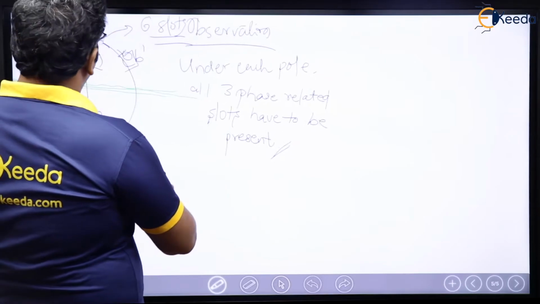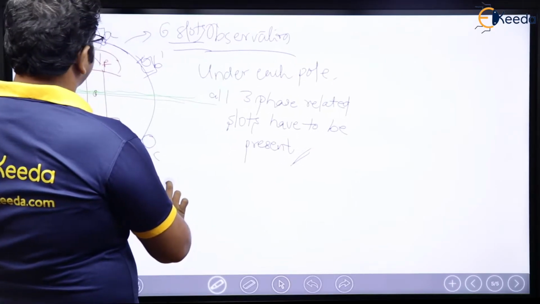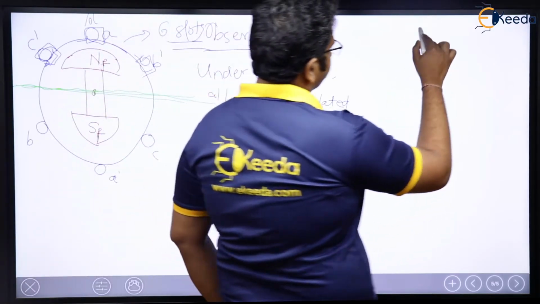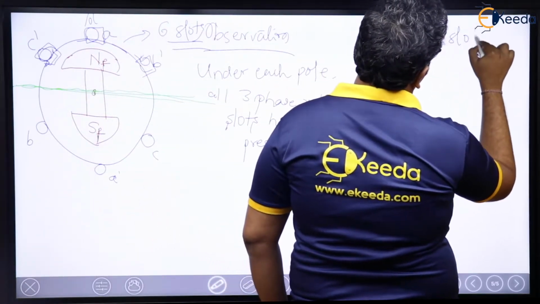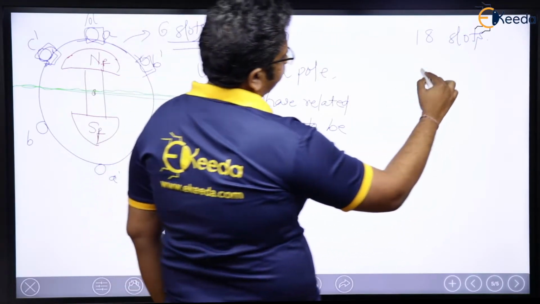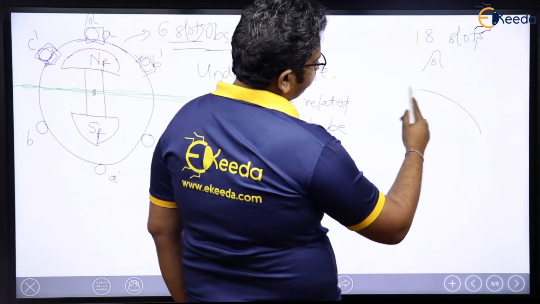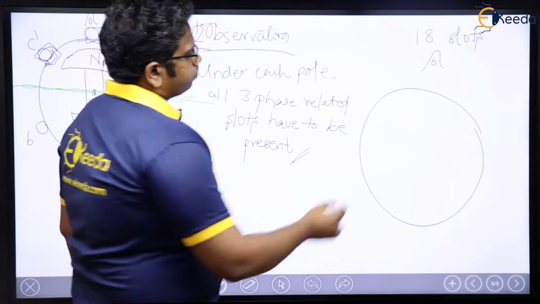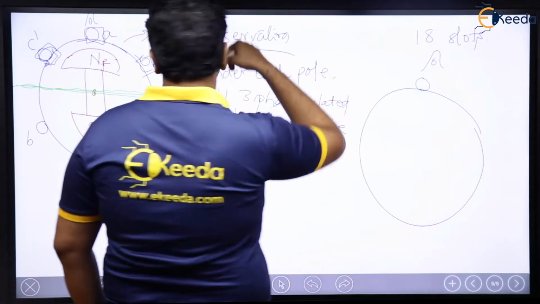Now, what will happen if I have 18 slots? Let us see. Let me consider 18 slots. This is going to be my stator, bullseye. Now, let me repeat the same thing.